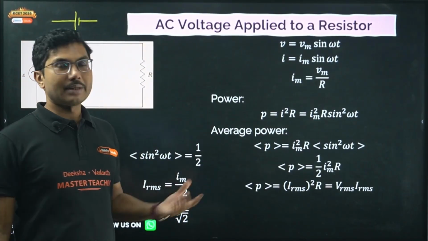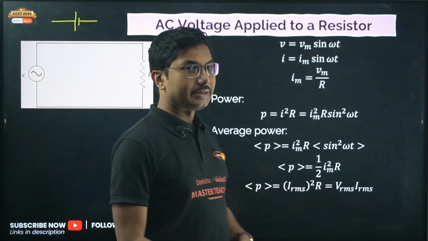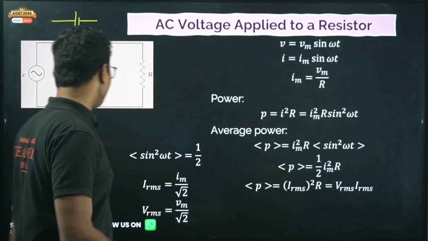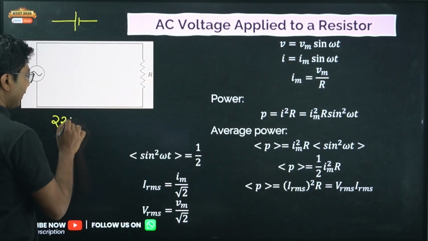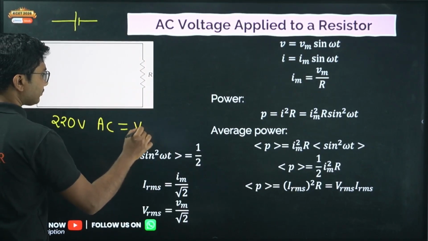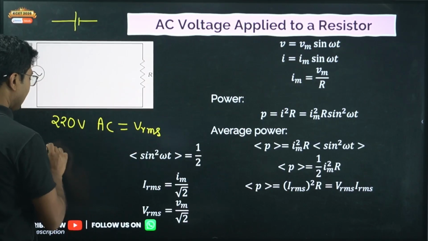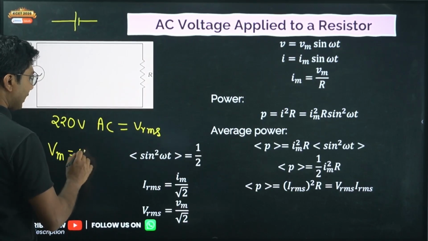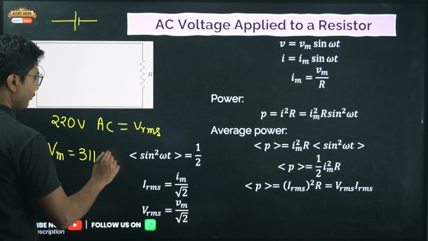For example, the 220 volt that we use in our day-to-day life is always the RMS voltage, and the maximum value of voltage is around 311 volt.